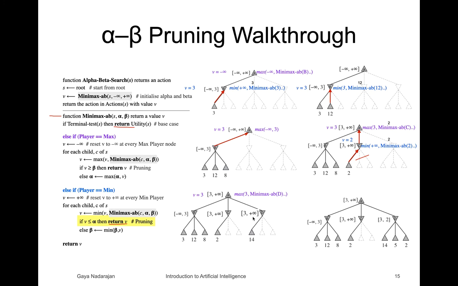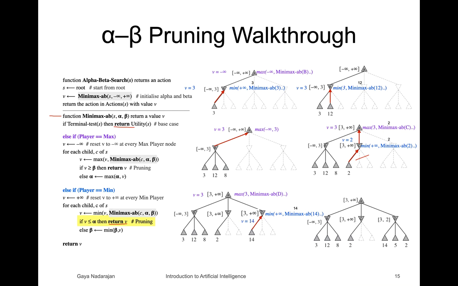And it goes to the first child, which happens to be 14. V has been set to plus infinity, and because this is a minimizing node, it's going to call the minimum of plus infinity and the minimax of that child, which is 14, and it will just return the value 14. So we get the minimum between plus infinity and 14, which is just 14.